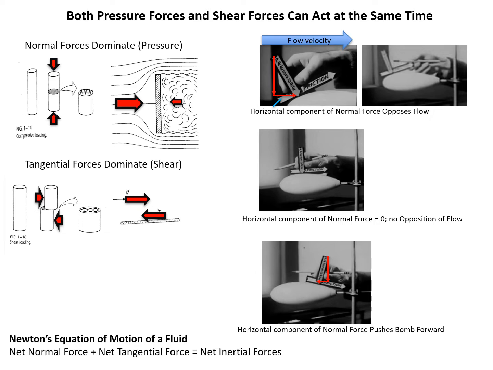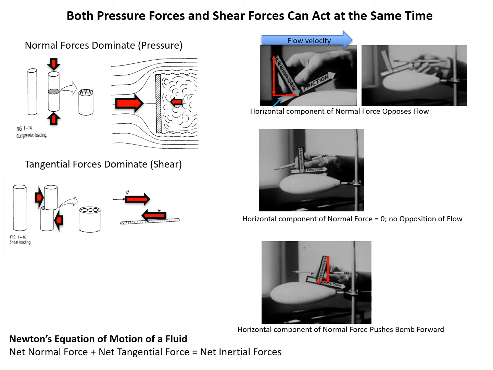However, as the fluid particle is moving around the surface, down in that middle image, the pressure is pointing straight down onto the surface. And so there is no horizontal component. So the pressure force doesn't contribute anything at that point to opposing the flow.